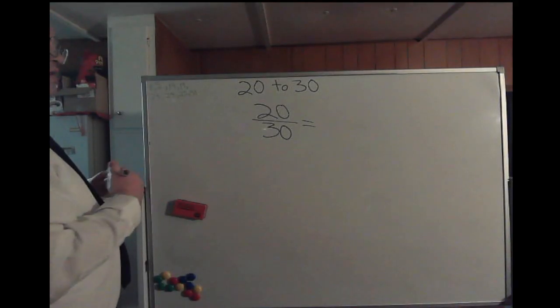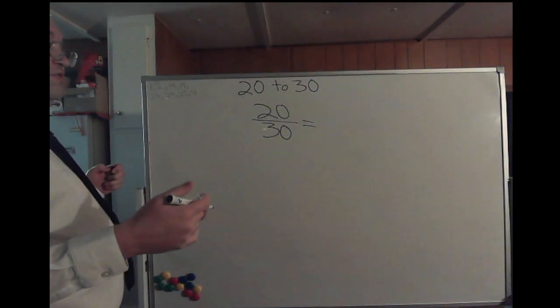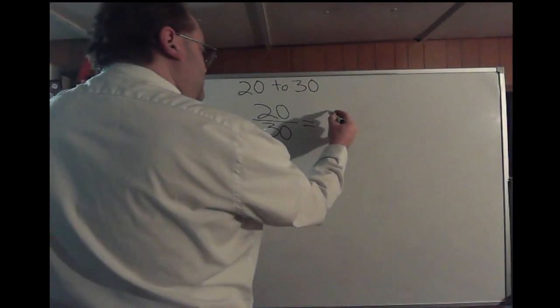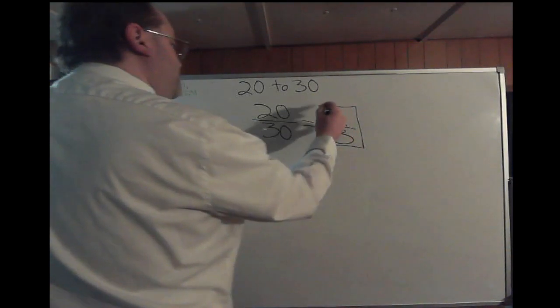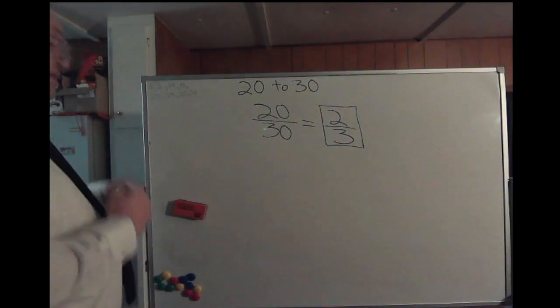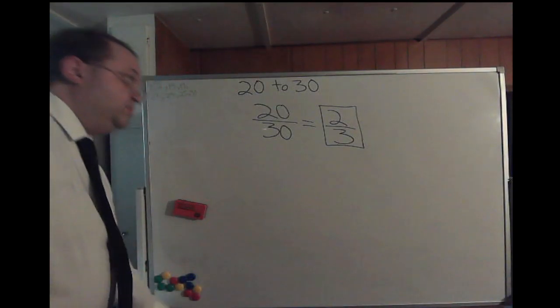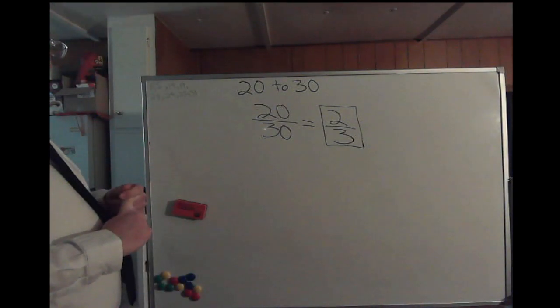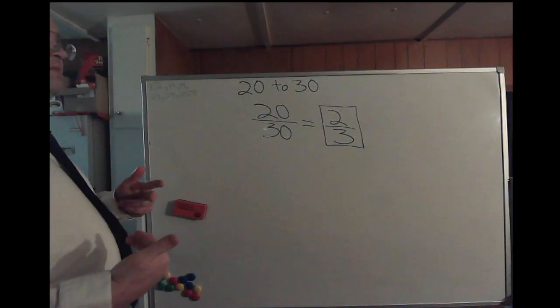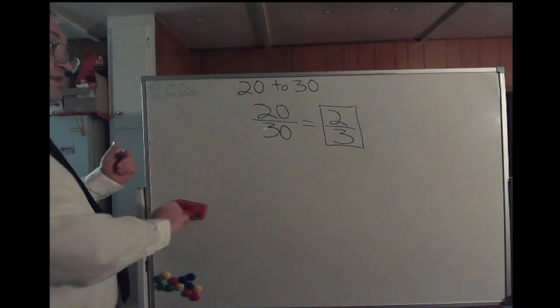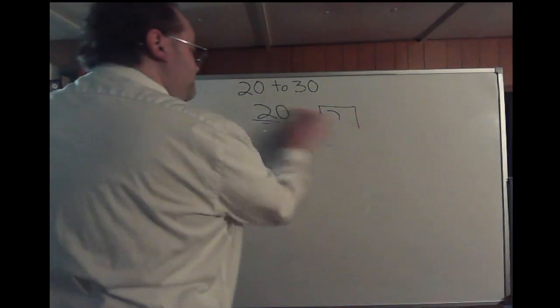You get rid of a 0 out of each, or divide by 10, however you prefer to do it. And you'll have the ratio 2 to 3. So really, a ratio is a fraction. The first quantity it's talking about is always your numerator. The second is your denominator. And then you simplify the fraction. That's really all there is to it.